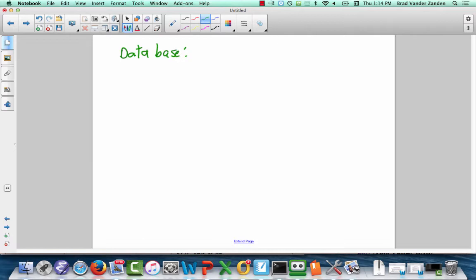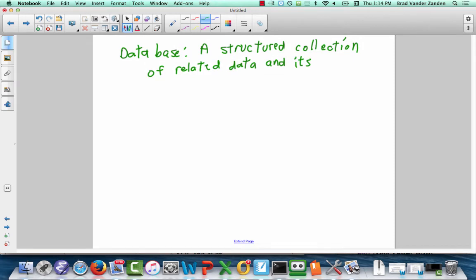So databases are widely used. We have a very basic definition for them. It's a structured collection of related data and its description. There's a couple key words there. First of all, structured.